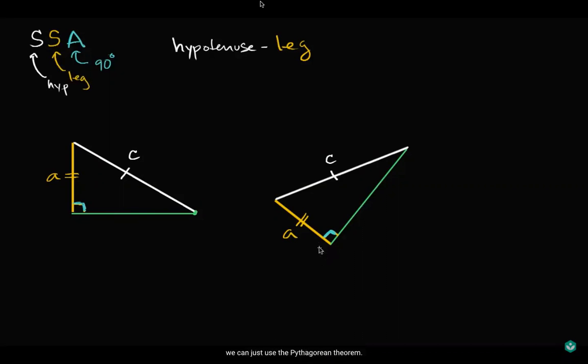To feel good, more analytically, that this green side is congruent to this side, we could just use the Pythagorean theorem. It would tell us that this green side is going to be the square root of the hypotenuse squared, c squared, minus a squared, the square of the other leg. And this one is also going to be the square root of c squared minus a squared.